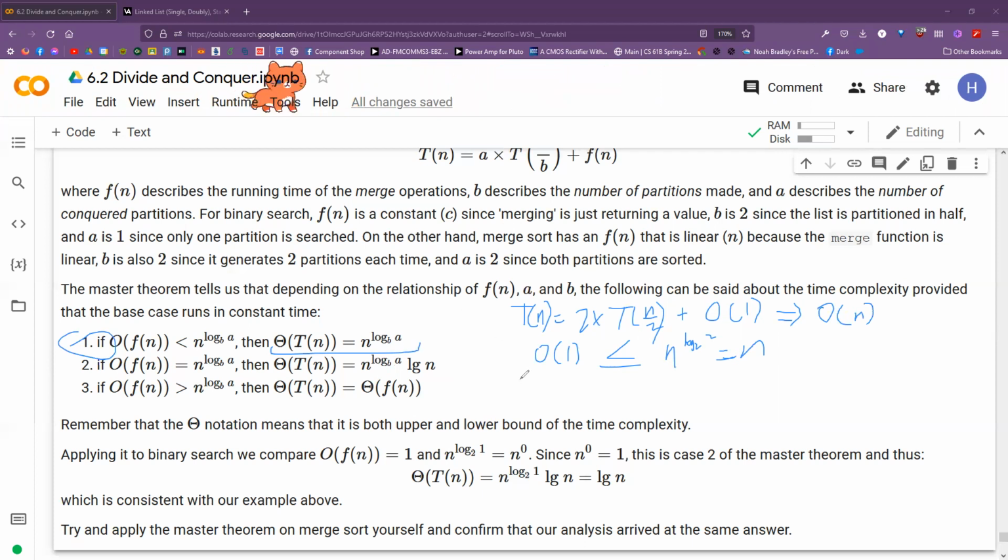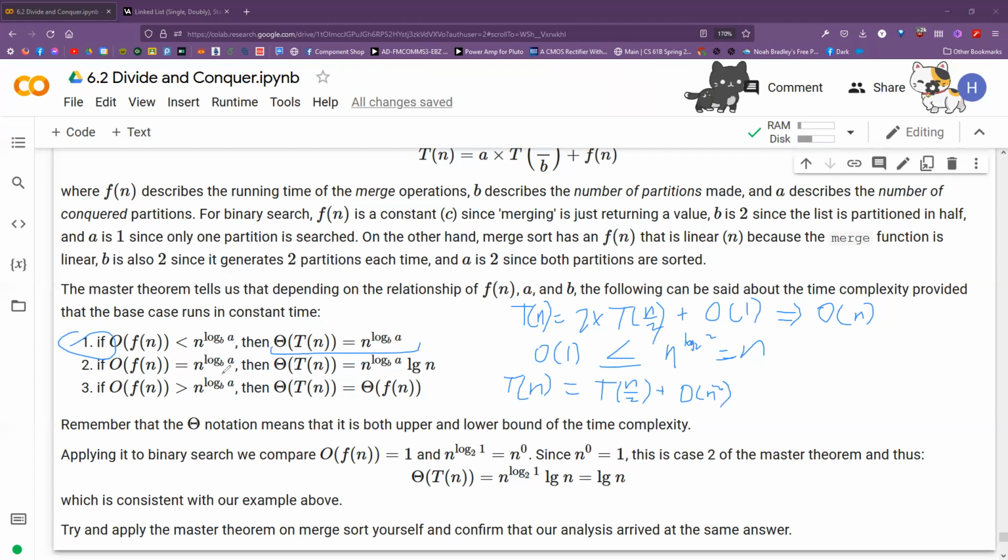Then, if yung other example, if this was, for example, 3 times T of n over 2, actually, let's say this was T of n over 2 plus O of n squared.